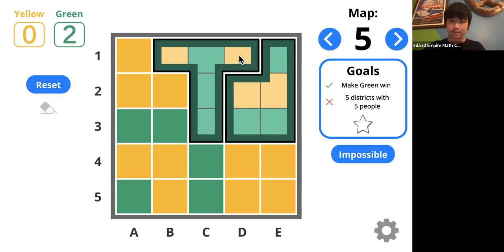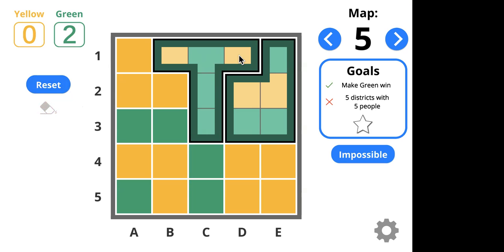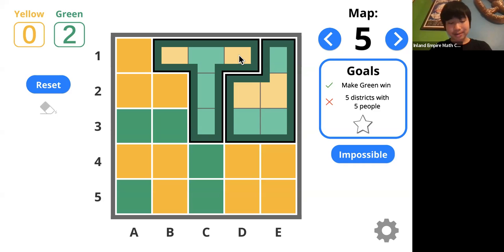And then it gets harder. And also remember the packing idea, like packing all of yellow's votes into one district to maximize the amount of majority wasted votes that they have.